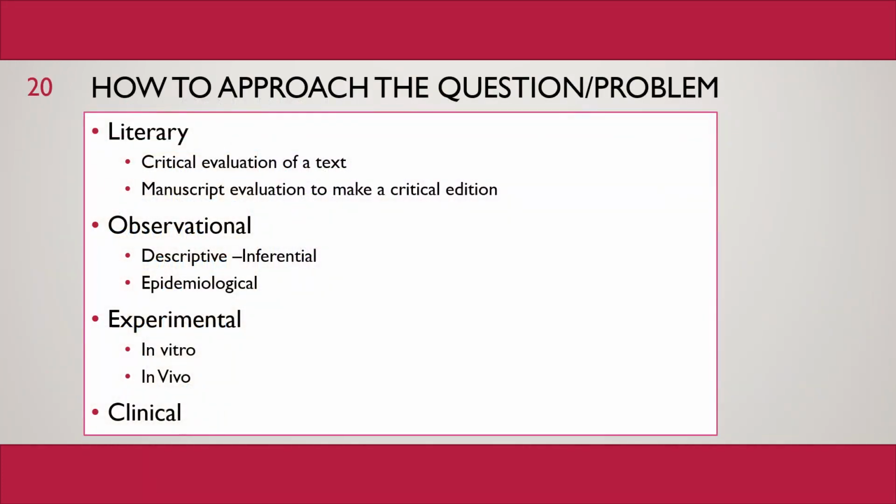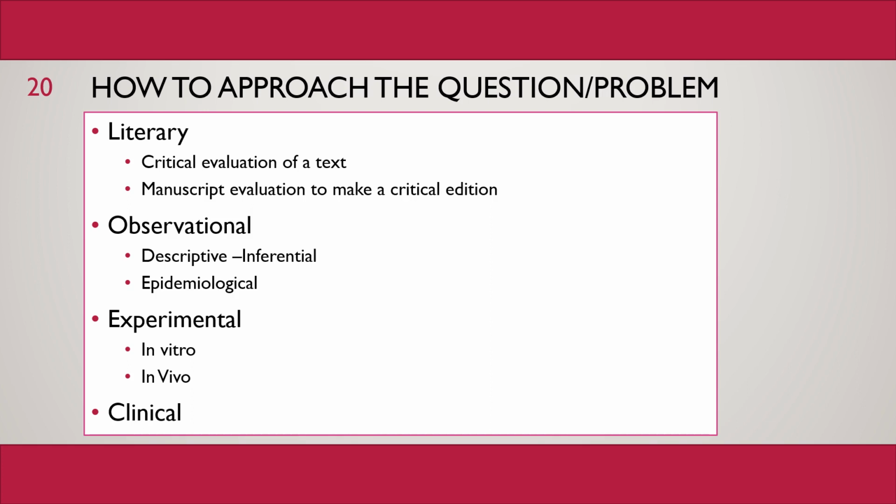Once you find your research question, the next important step is to approach the question. Depending on the situation around you, you can approach the question in a literary way, observational way, or there could be an experimental or clinical method.